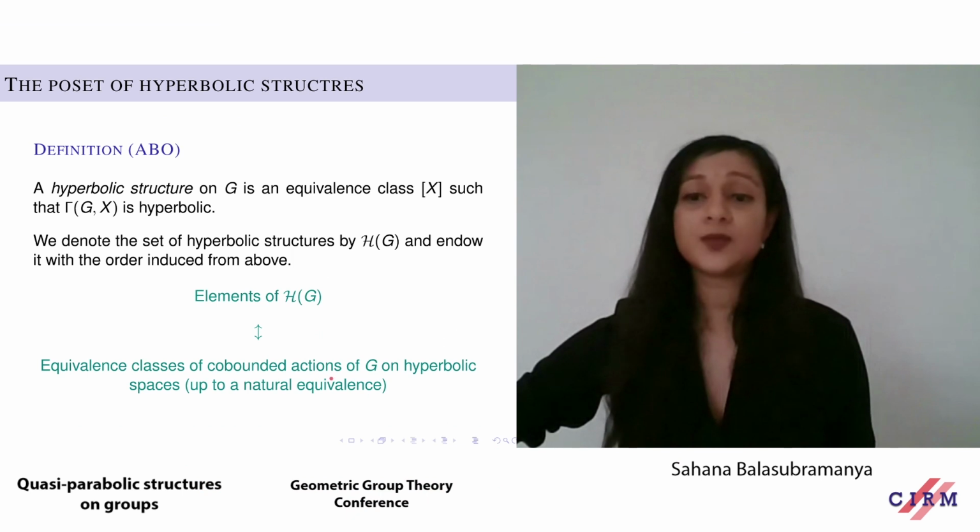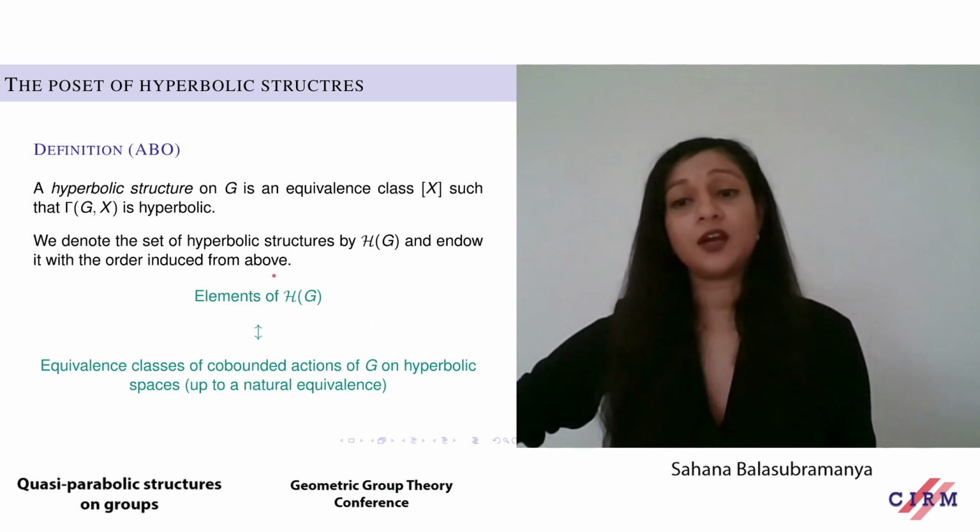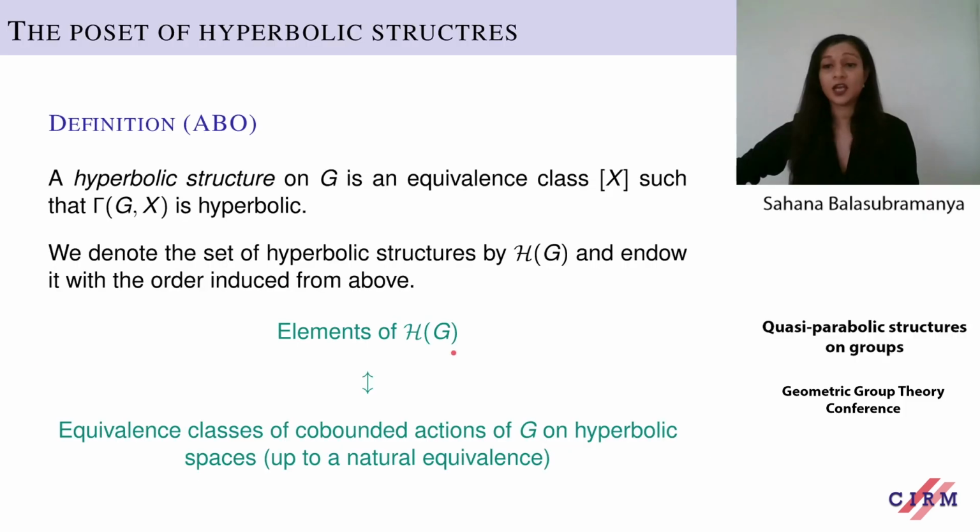The primary difference is because these actions need not be proper, I cannot guarantee that the generating set that I end up with is finite. And that's why we don't request that we only start with finite generating sets to begin with. But this is just something to keep in mind. It's not particularly important for the purpose of this talk.